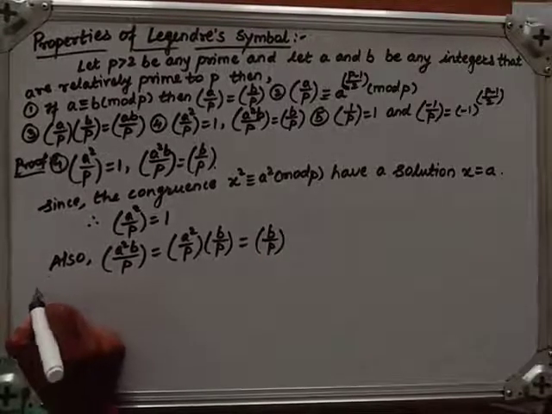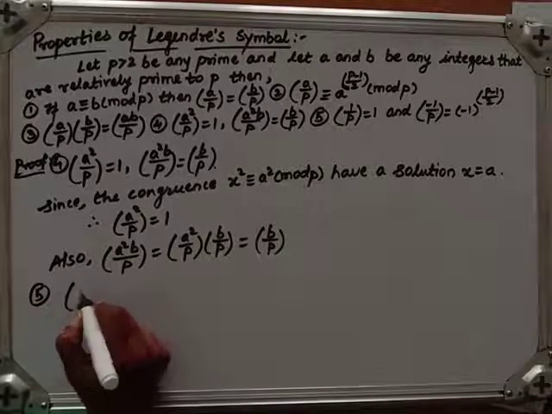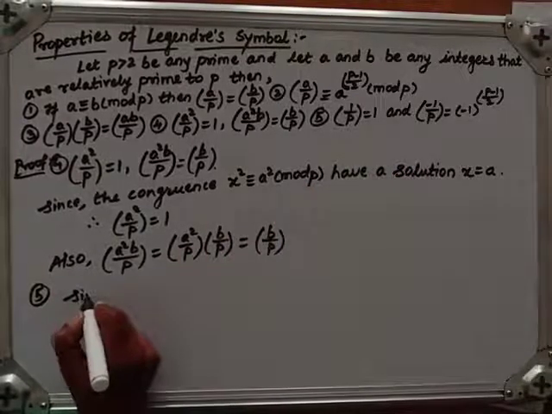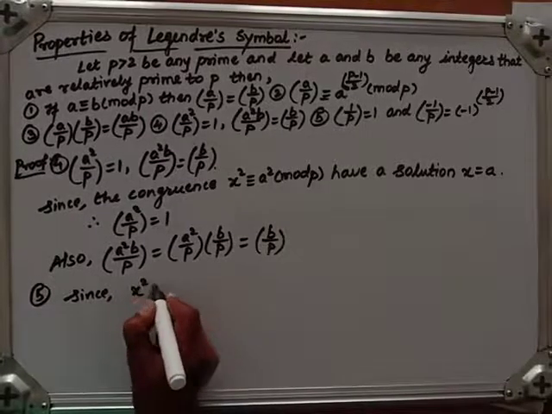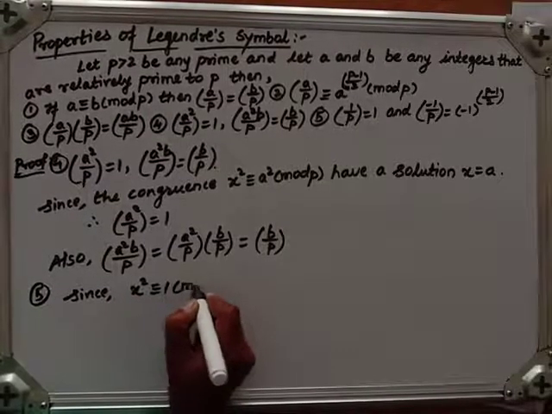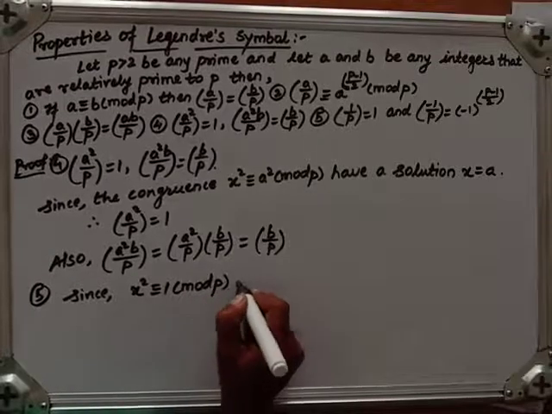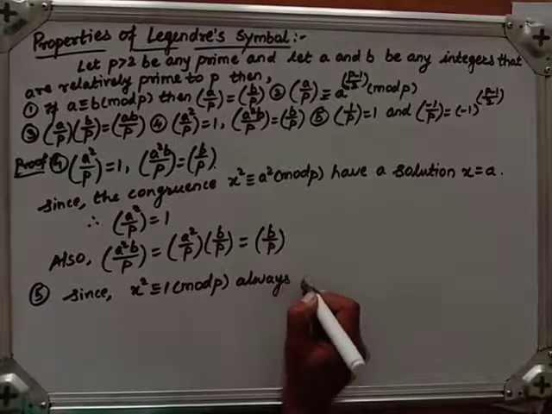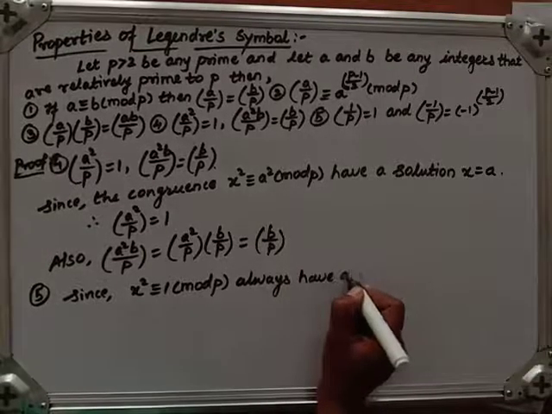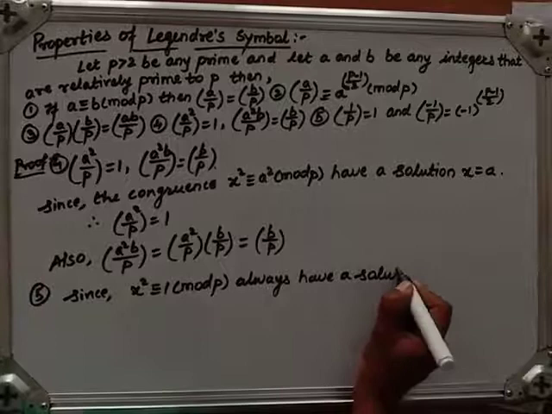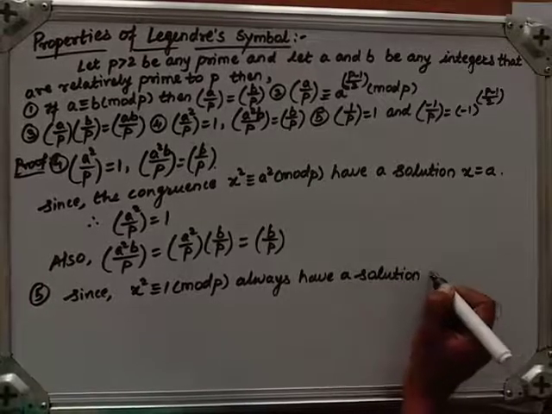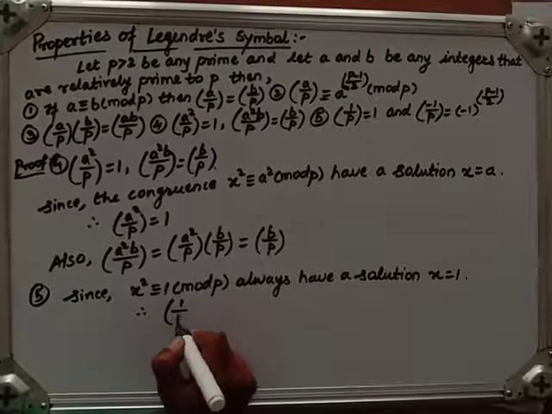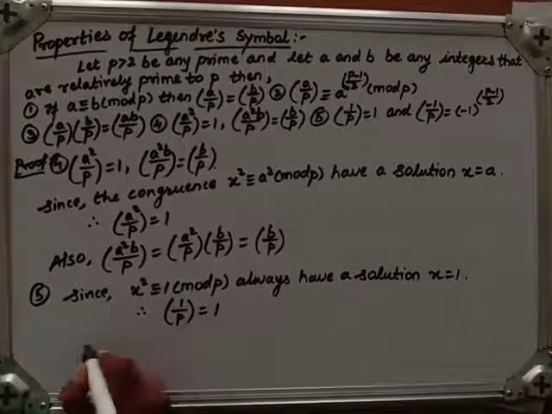Now the fifth one. Since x square congruent to 1 modulo p always has a solution, x equal to 1, Legendre symbol of 1 by p is 1.